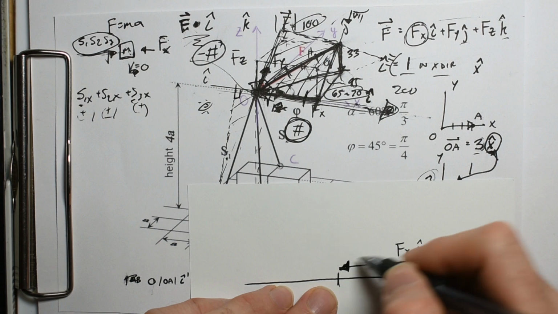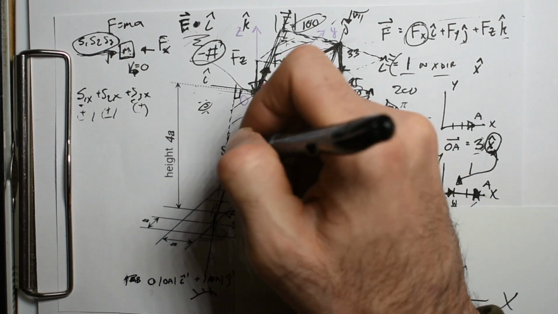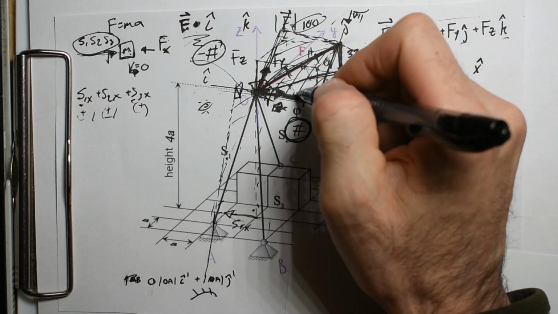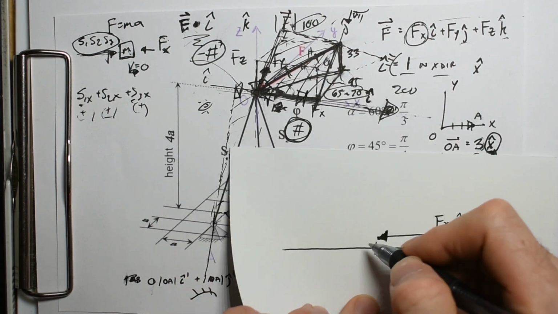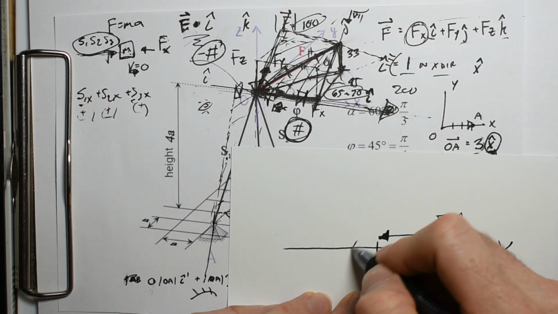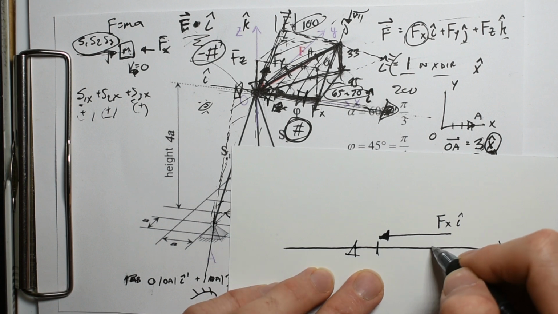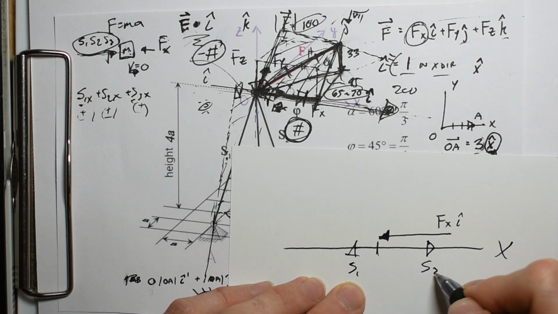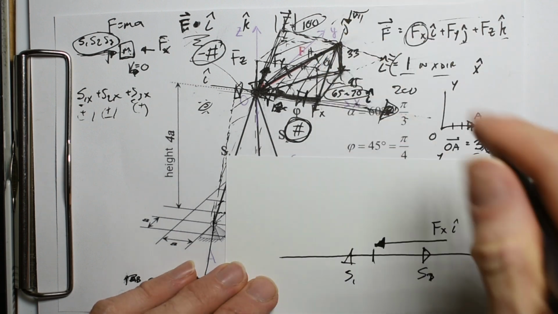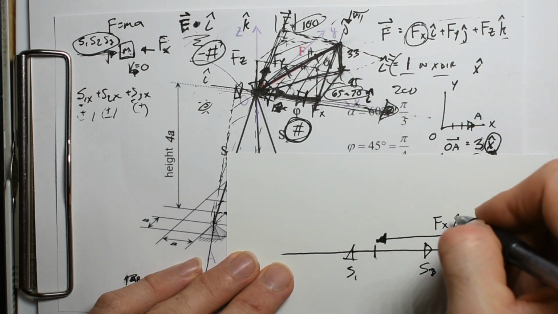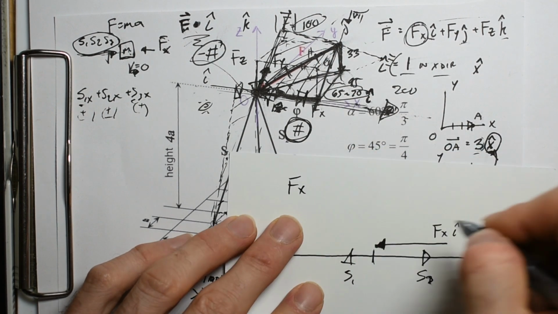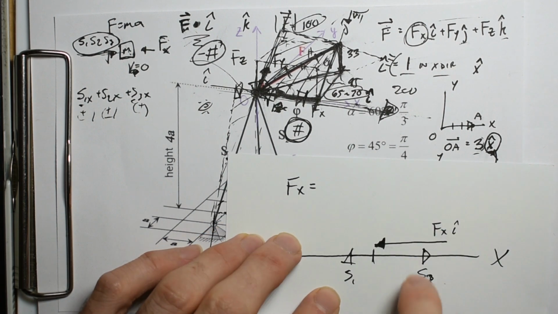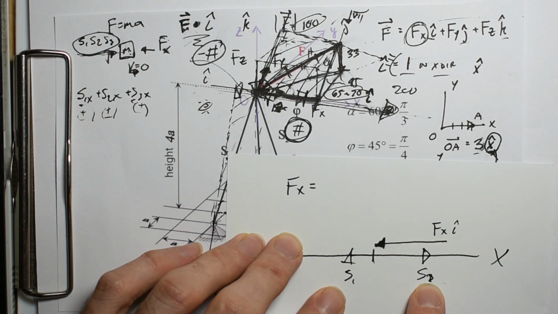Yeah, so the force is going to be in this negative direction, but I'm going to assume all of these are in tension, so I'm going to have a vector that way, and then this one is going to be a vector that way. So S1 is going to be a short little vector that way, and then S3. So this can be reduced to f of x is equal to, so this force has to be equal to these other two forces.